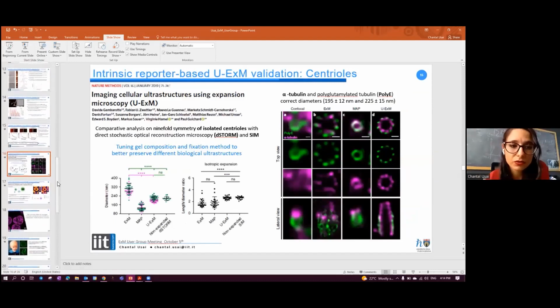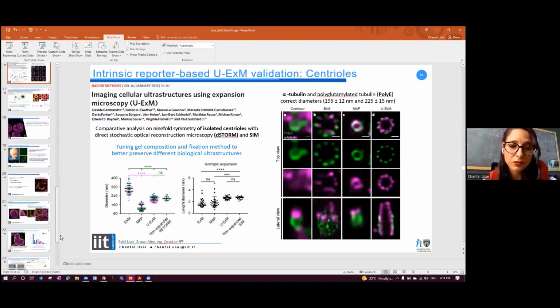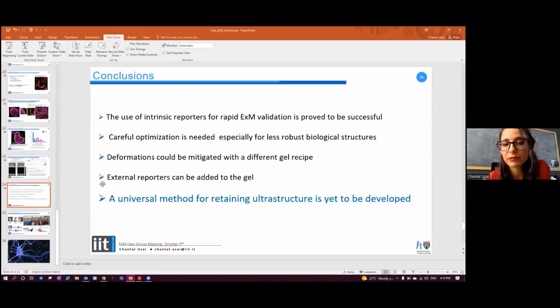But that's a very good question, and that's why at the end my point is that there is not a universal method, because every work usually only looks at a few structures at best, because you cannot examine everything in your sample, of course. I do not have an answer for that, but it's a very good question. It's something to think about.